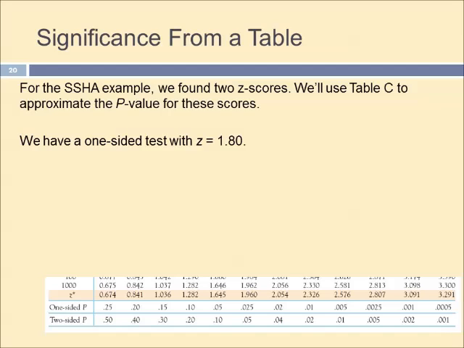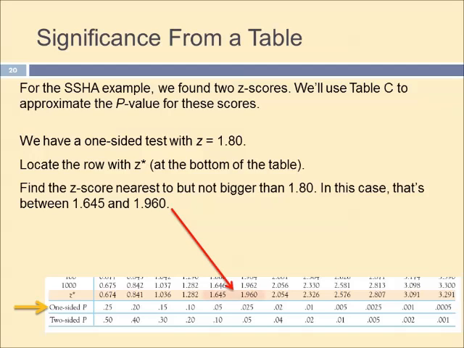So with one of the values we had a one-sided test with z equals 1.8. So we look at the row with z star at the bottom of the table, and the row with one-sided p. And then we find the z-score nearest to but not bigger than 1.8. So in this case, 1.8 falls between these two values, 1.645 and 1.96.